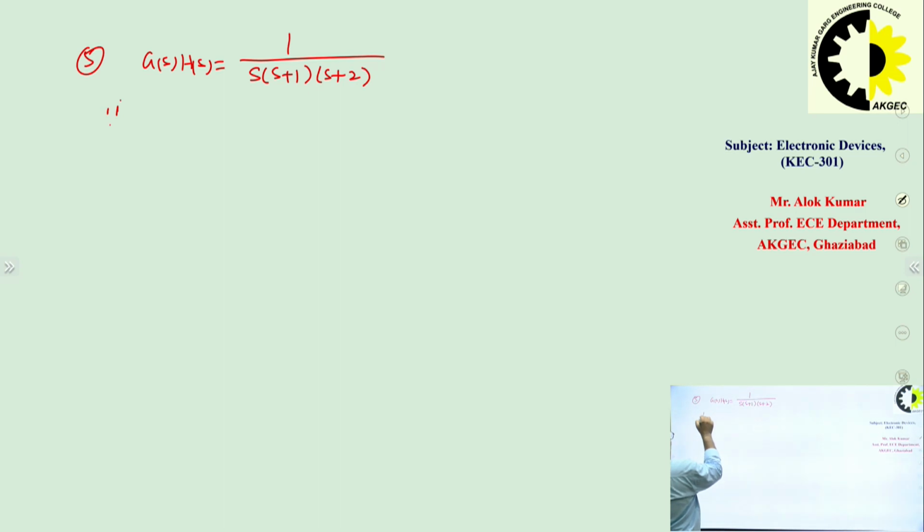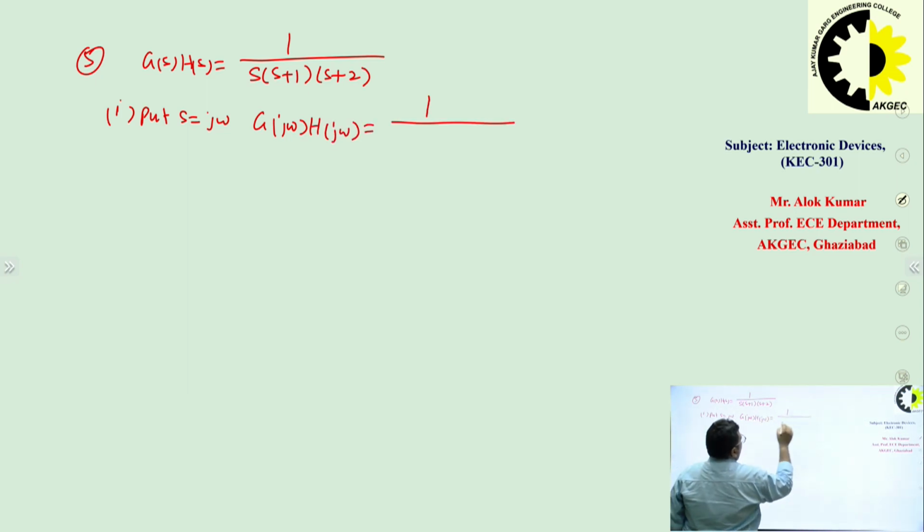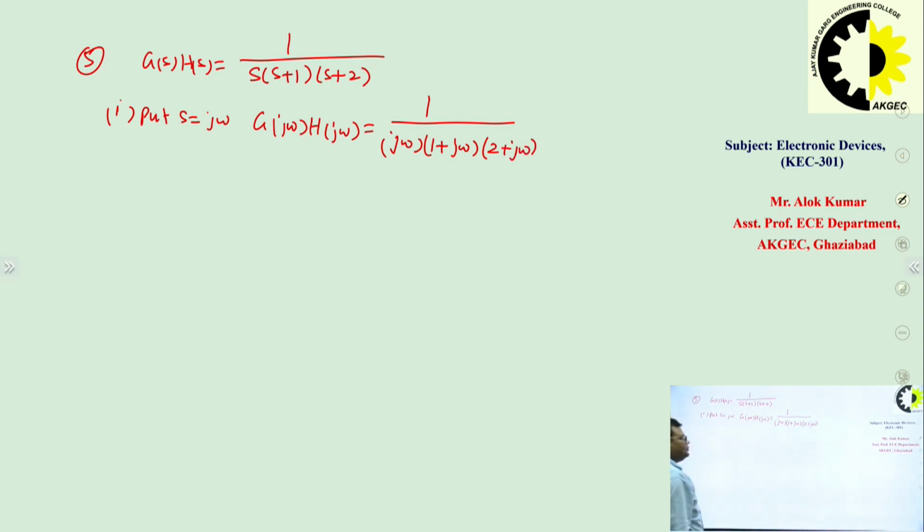So first step will be put s is equal to j omega. After putting this, we will have G of j omega and H of j omega. It will be 1 upon j omega, (1 plus j omega) and (2 plus j omega), right?